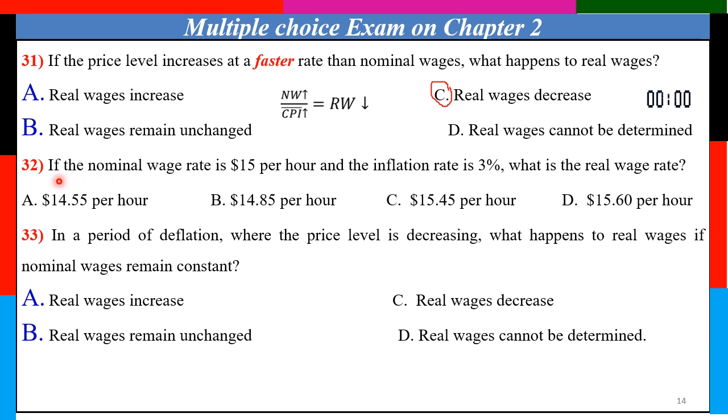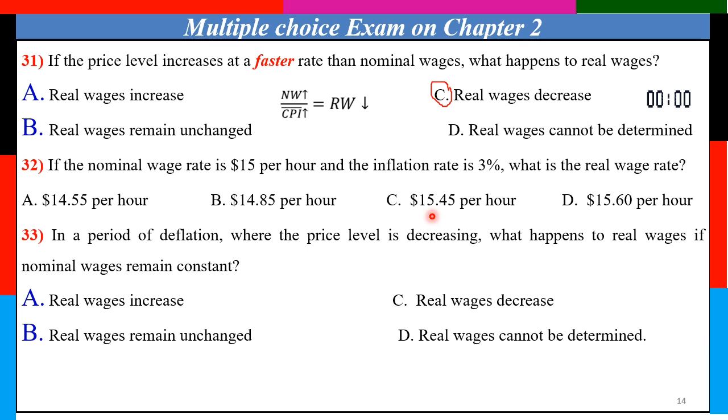Question number 32. If the nominal wage rate is $15 per hour and the inflation rate is 3%, what is the real wage rate? A. $14.55 per hour. B. $14.85 per hour.